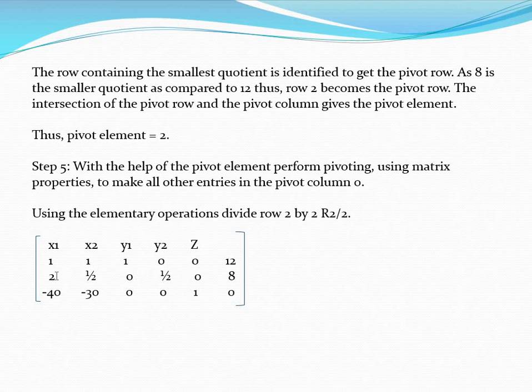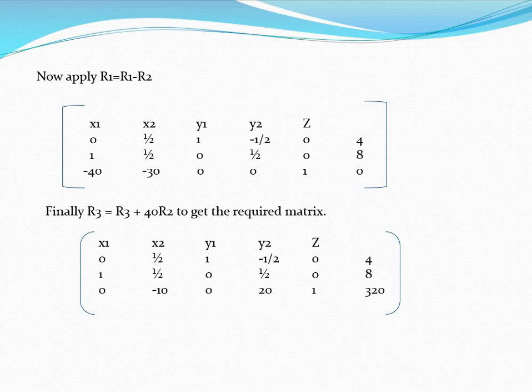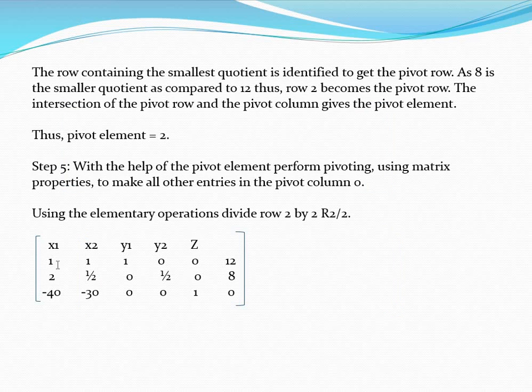Or else we can make, now we have done, divide row 2 by 2. Then we will do row 1 equal to row 1 minus row 2, so that the first element of the pivot column will be made 0. So what we are doing here, row 2 is divided by 2.